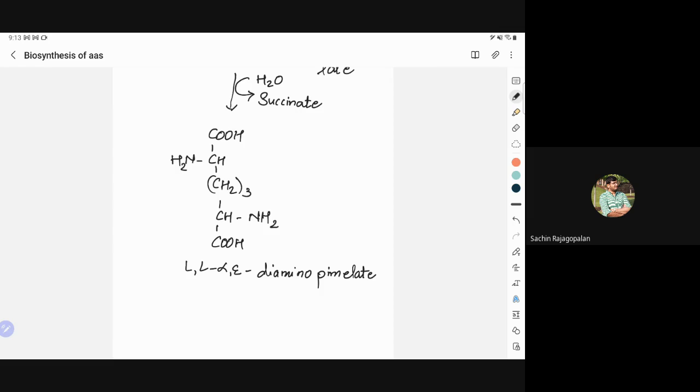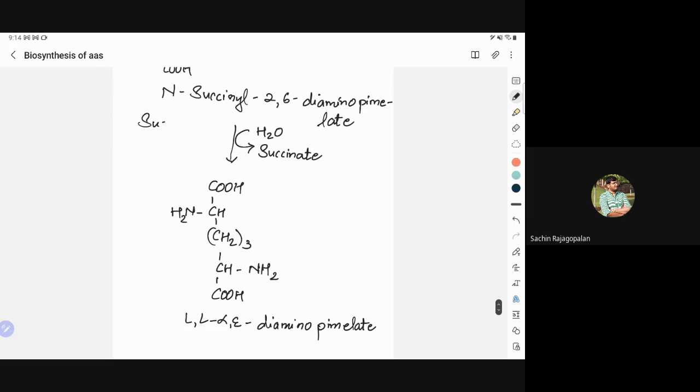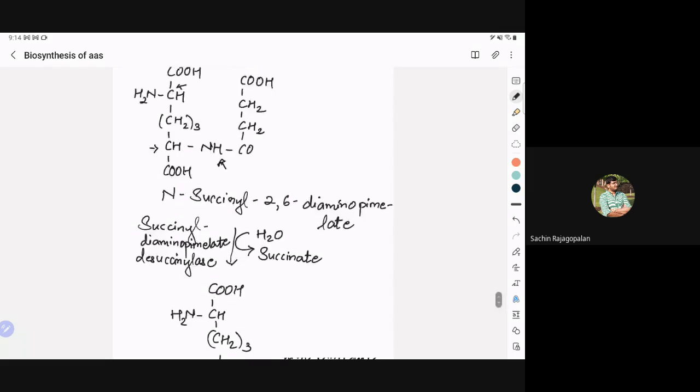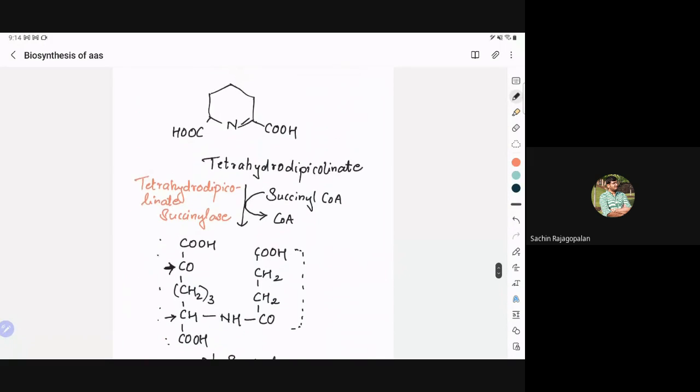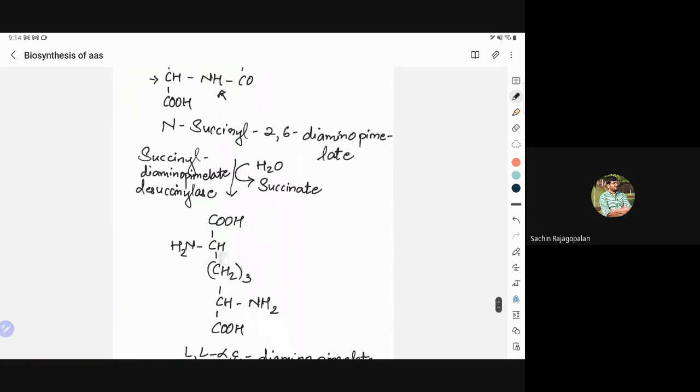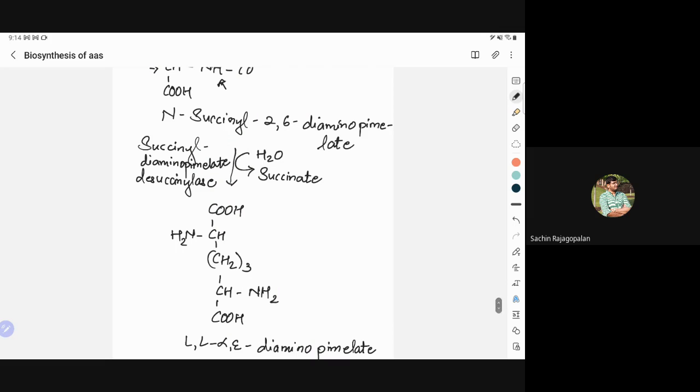Now the enzyme which is working over here we call succinyl diaminopimelate desuccinylase. Because if you remember, when we added the succinyl group, that was to break this ring shaped structure and we called it succinylase. Now as you are removing that succinyl group, the enzyme that works over here is called desuccinylase, getting rid of that succinyl group and releasing it in the form of succinic acid.